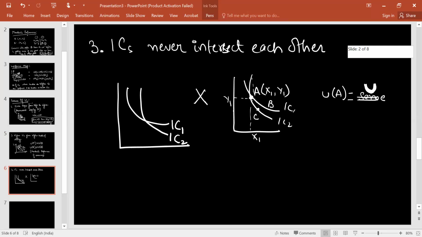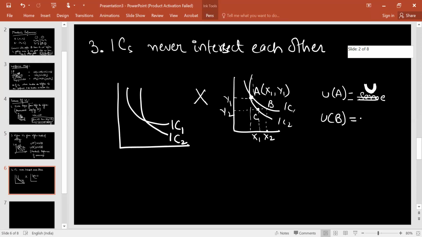The utility derived from B is, one second, y2, x2.